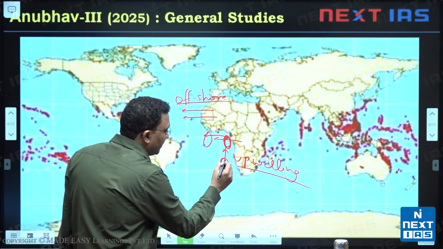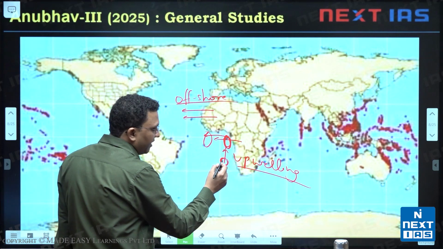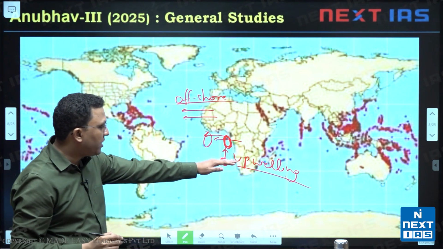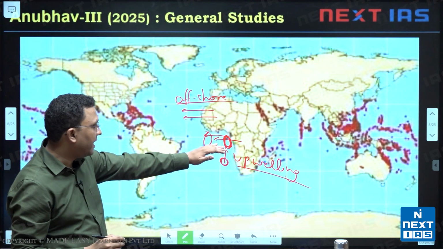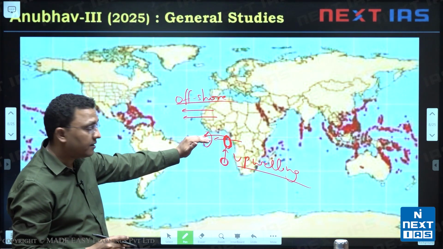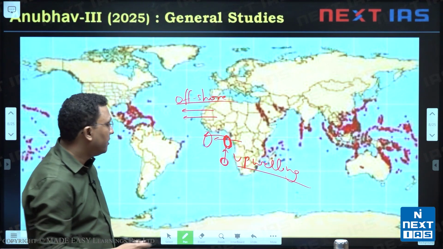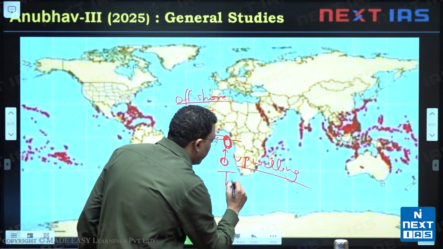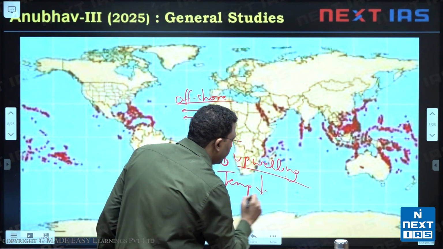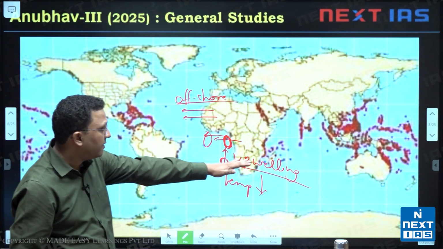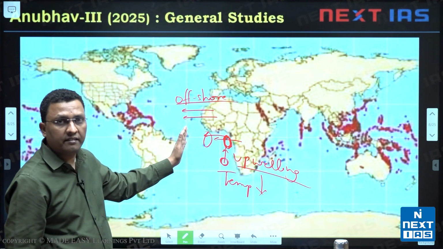Now water that is coming from below the surface is relatively colder as compared to the surface water, right? So because of upwelling, the warmer surface water is replaced by the colder lower water, and temperature will decrease. So this again is a prominent factor which does not let coral reefs grow on the western coast.